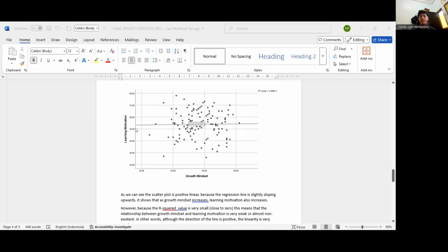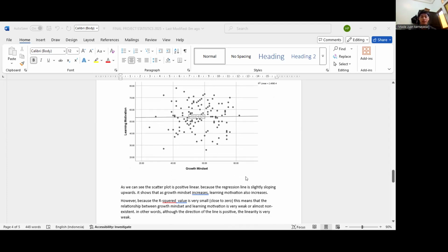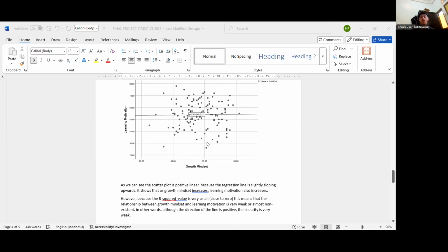This is positive linear because the regression line is slightly sloping upward. So it shows that as growth mindset increases, learning motivation also increases.